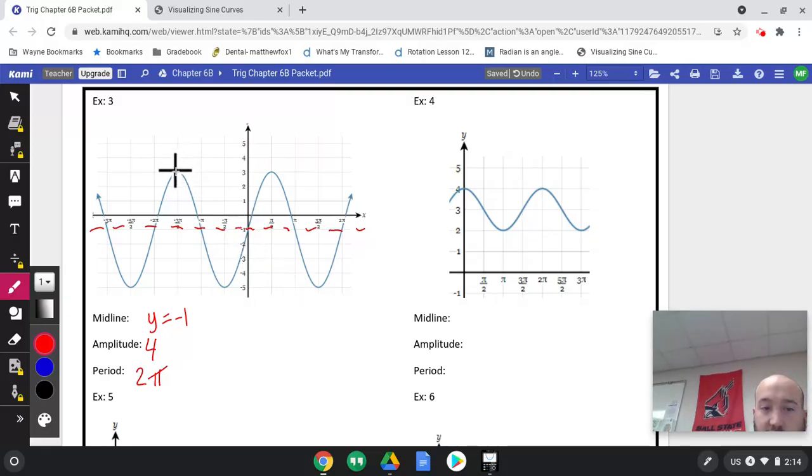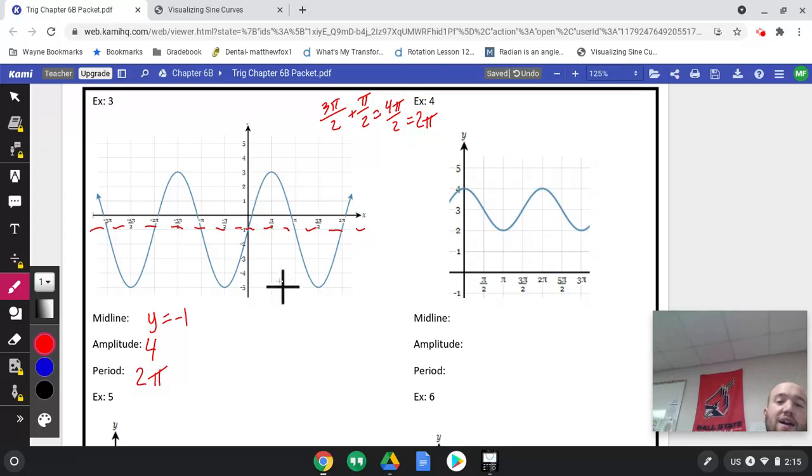You could start here at -3 pi over 2, and when it goes down and then up here to pi over 2, that would travel a distance of 3 pi over 2 and pi over 2. If we add those two together, 3 pi over 2 plus pi over 2, we would get 4 pi over 2, which is the same as 2 pi, which, as you can see, is what we had as our period.